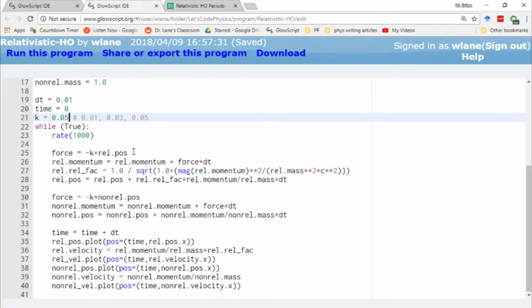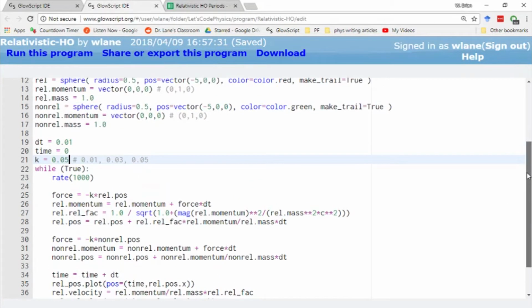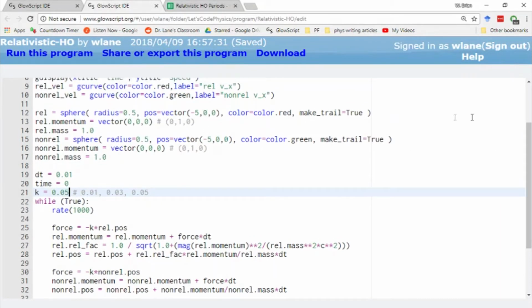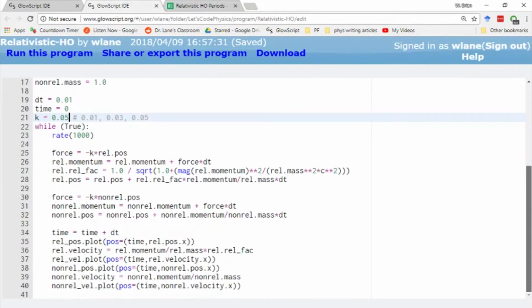So what we're going to do is have the computer tell us when they have completed one period. So let's see, where do they start out? They start out at -5. So let's have this thing spit out the period when one cycle is complete.